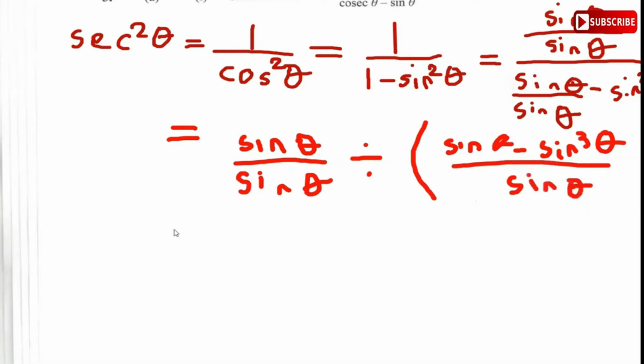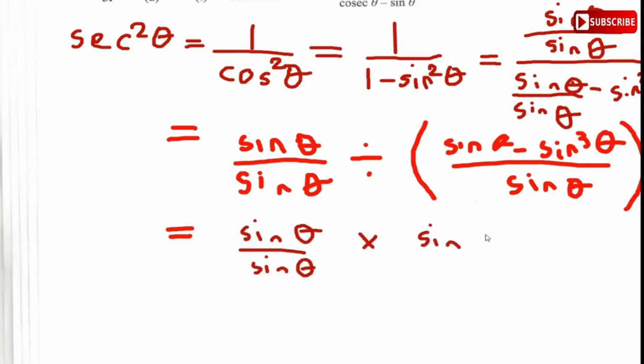Since it's being divided now, when you're dividing, you can flip it and change the sign. So I can change this to sine theta over sine theta being multiplied by sine theta over sine theta minus sine cube theta.